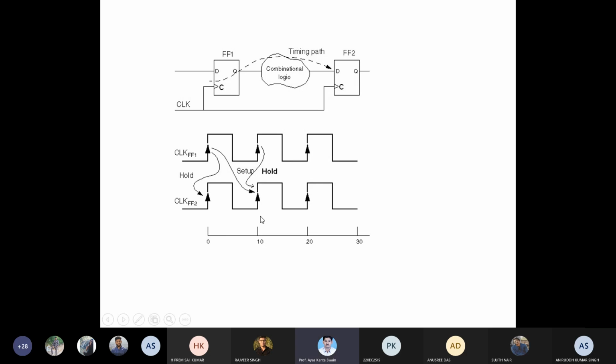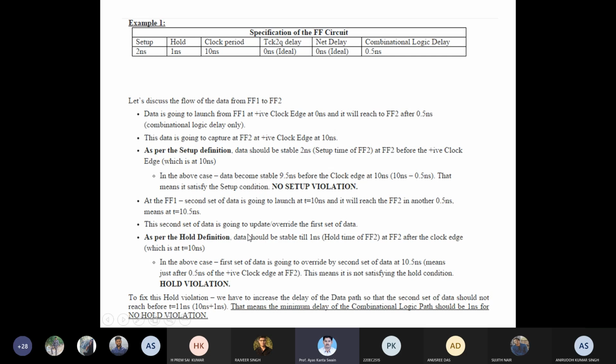But with respect to 10, that is 10 minus 0.5, data is available at 9.5 nanosecond, which is much before the 8 nanosecond. Are you getting it? So is there a setup violation or not? You tell me. No, sir.